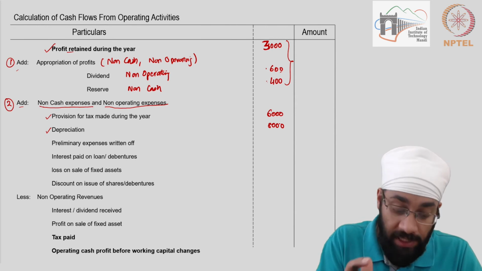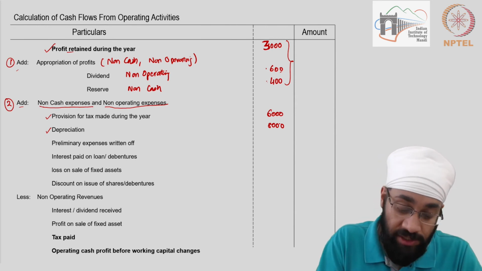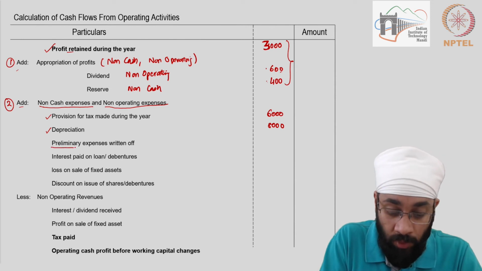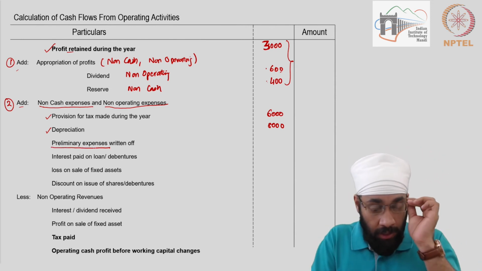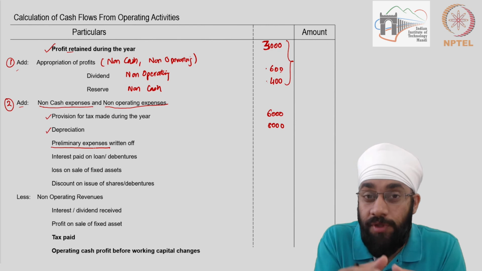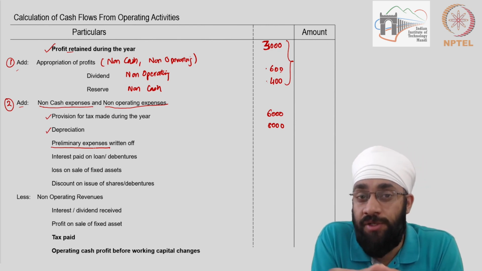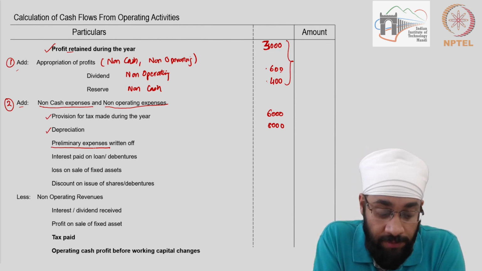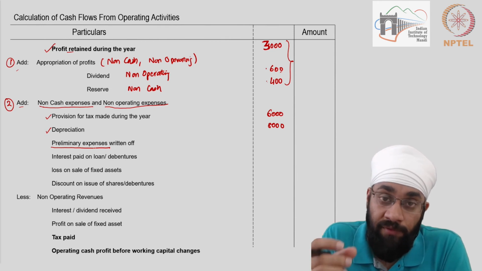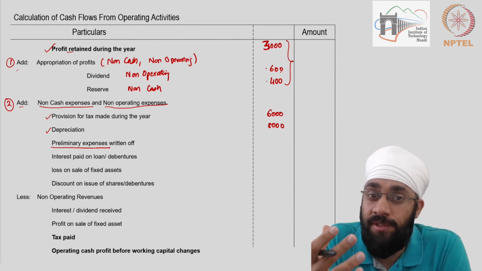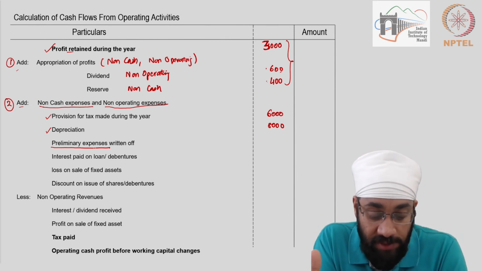The other items that can exist which are non-cash in nature are preliminary expenses written off. What are preliminary expenses? Typically, before the start of the business, there are registration expenses and some other expenses which you have to incur in order to register the business and set the business in place.